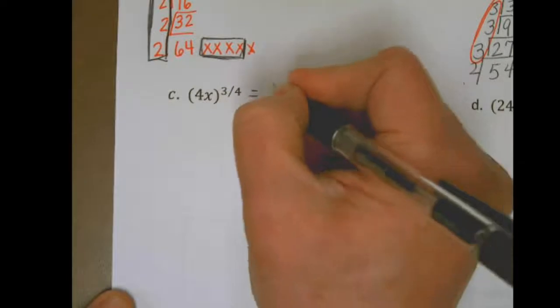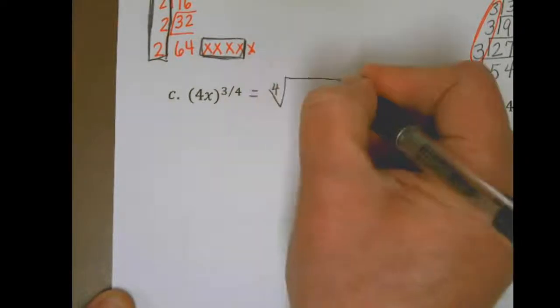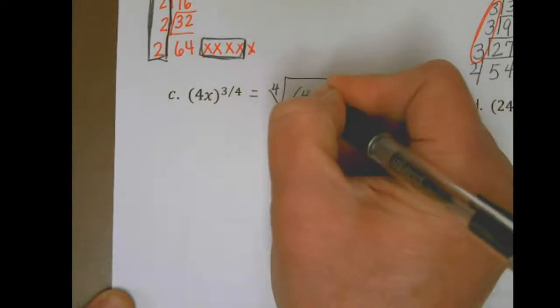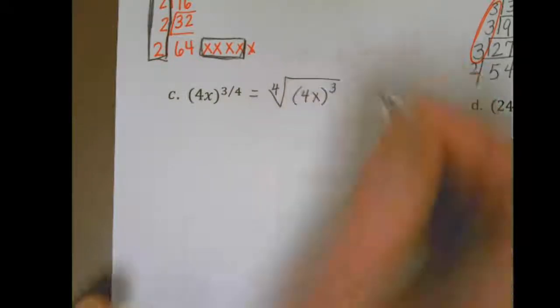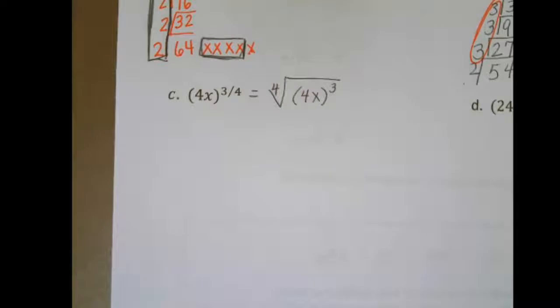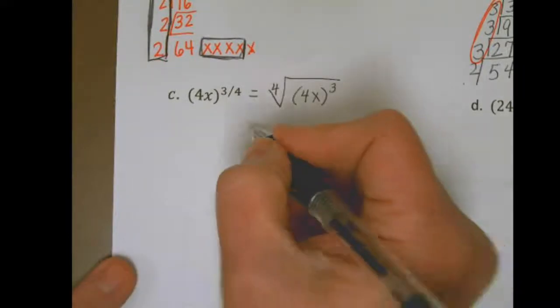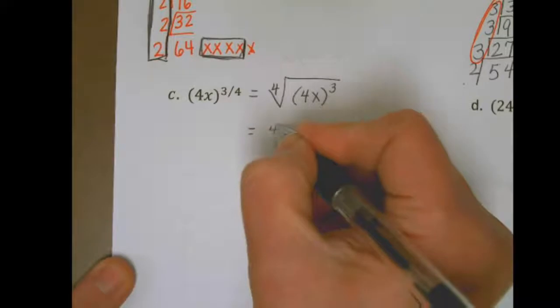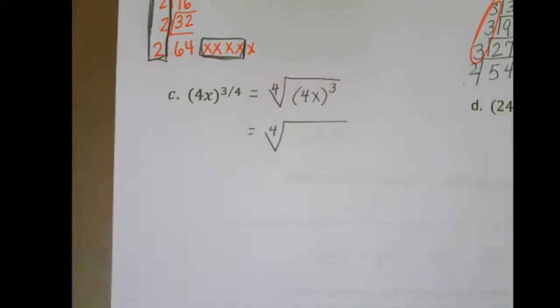First, convert it to radical form. The denominator becomes the index. But what is 4 to the 3rd power? You see the parentheses is going all the way around it? That would be 4 times 4 times 4.